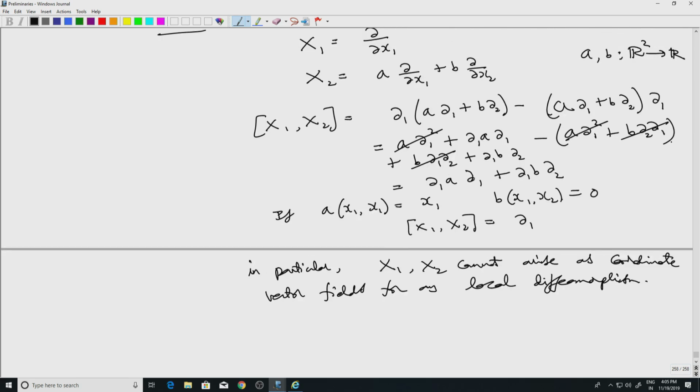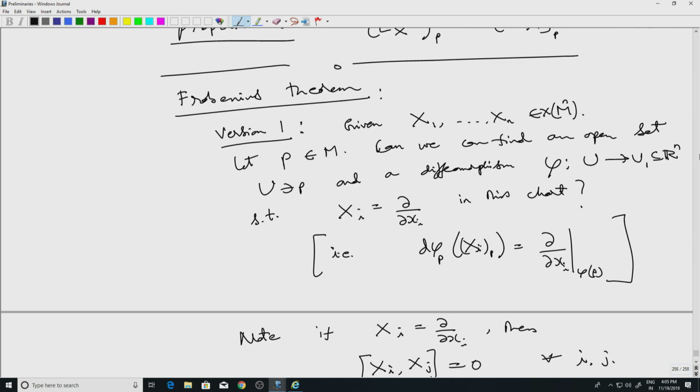Now, this is one restriction on X1, X2, that the Lie bracket should be 0.